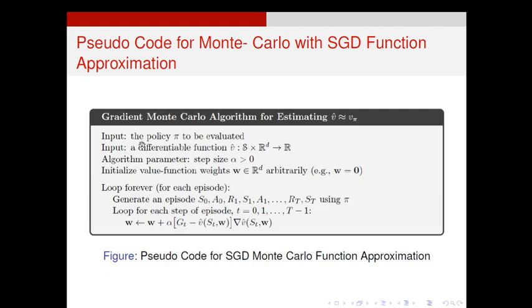We start with a policy pi. We are going to evaluate this policy to get stable state values for all the states with some approximation. We input some v cap. This v cap is our approximate value estimate for all the states S. It is defined as a function from S cross R^D to R. We use this S cross R^D instead of S to R because this v cap is defined by that weight vector.